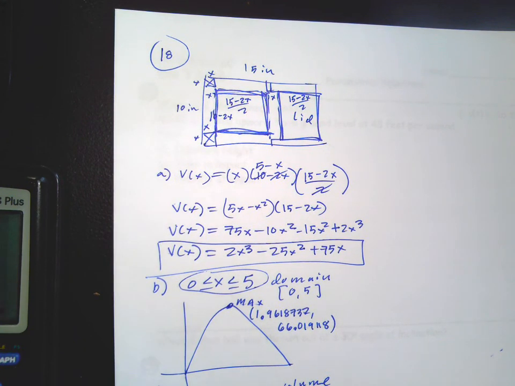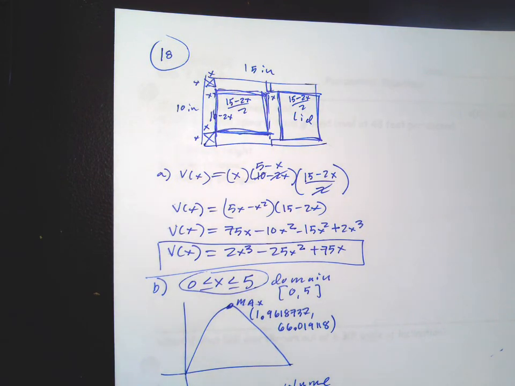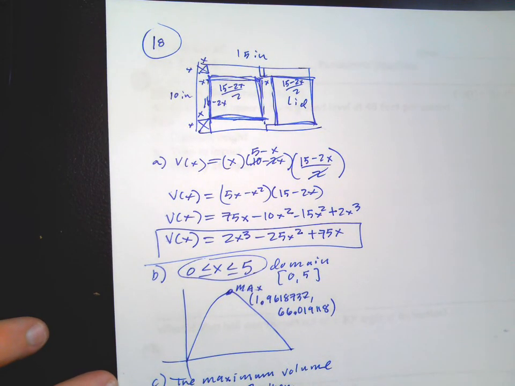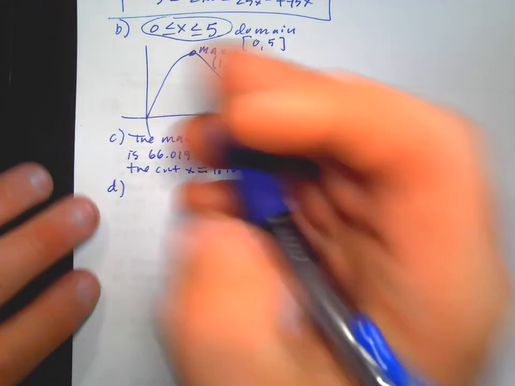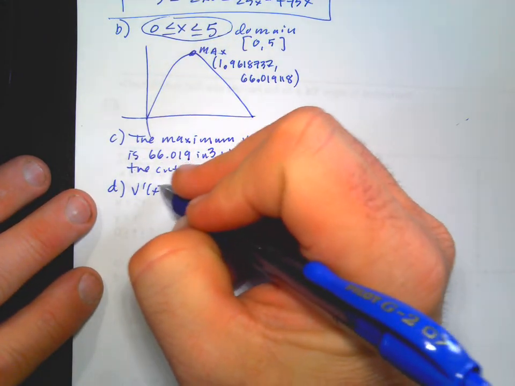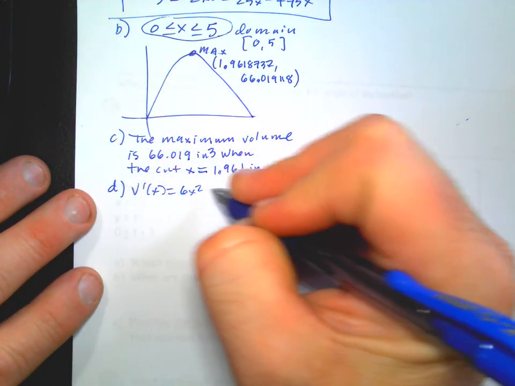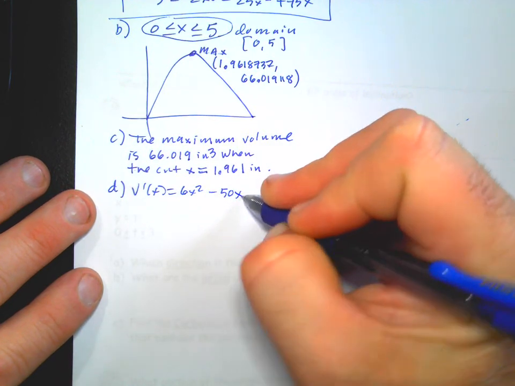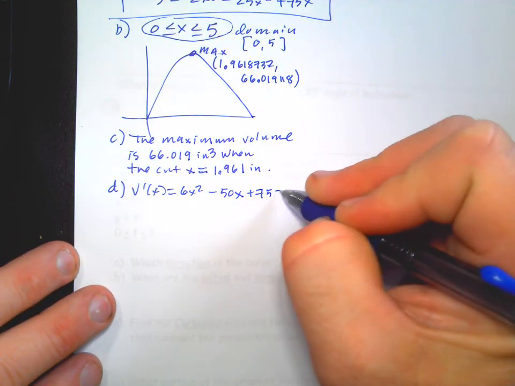D says confirm your result in part C analytically. So that means like do extreme value theorem or something like that. So we're going to try it. Let's see if we can get it. So V prime is 6x squared minus 50x plus 75. We set it equal to 0 or undefined.